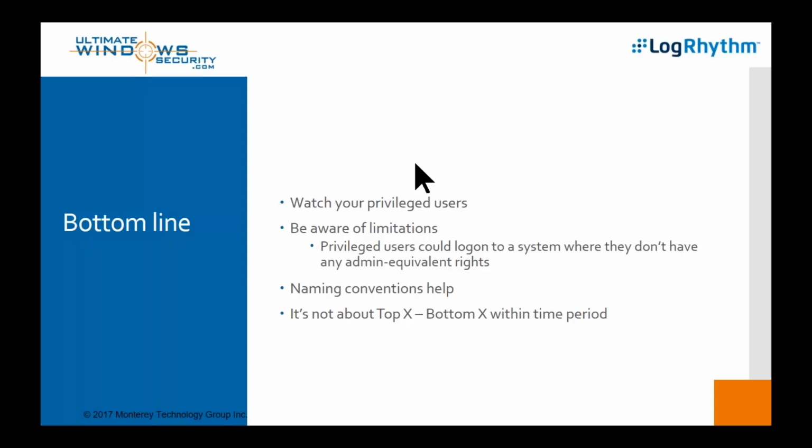For one thing, it's always possible privileged users could log on to a system where they don't specifically have privilege on that particular computer, right? So we can have an account named Bob or named SQL Server, and maybe on certain systems it's a member of administrators that has privilege, but that same account could be used by the bad guys elsewhere because they're not necessarily sure of who has what authority to what.